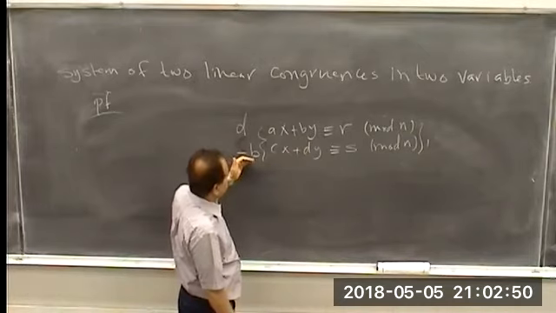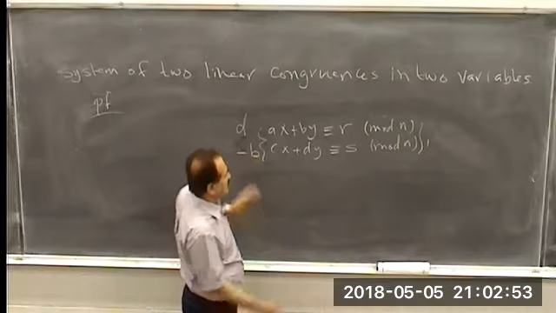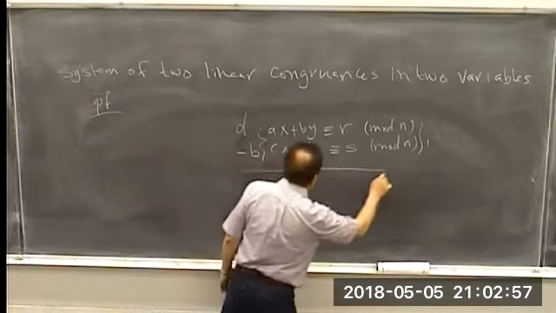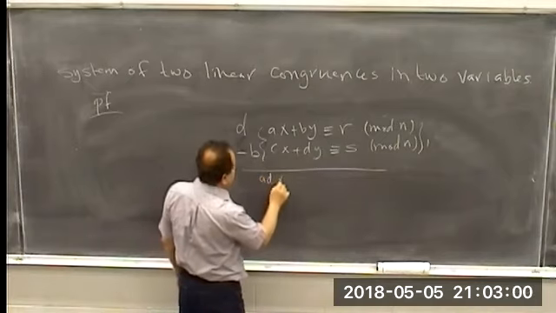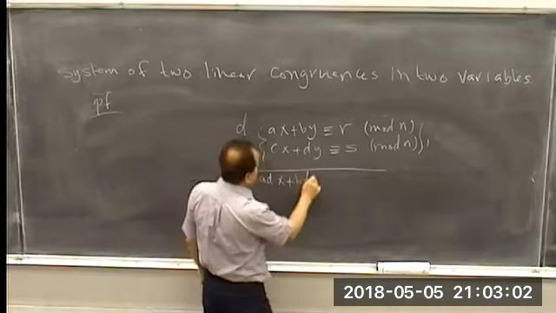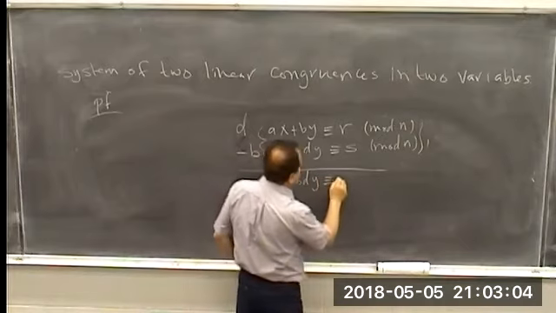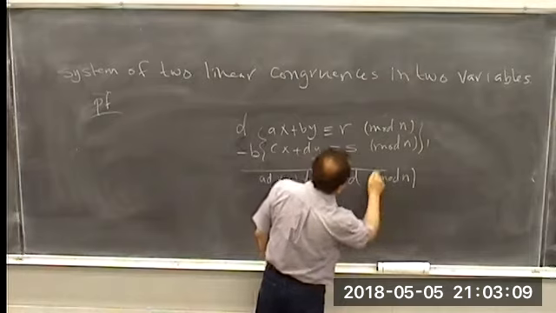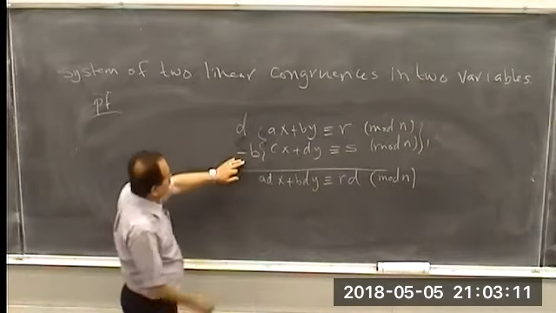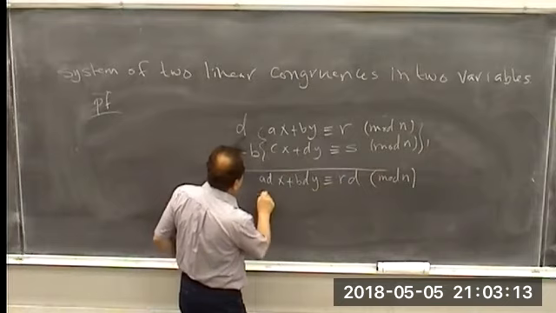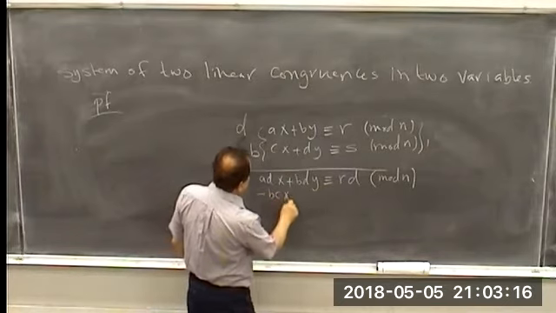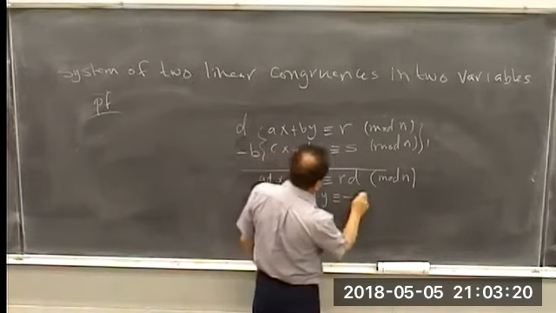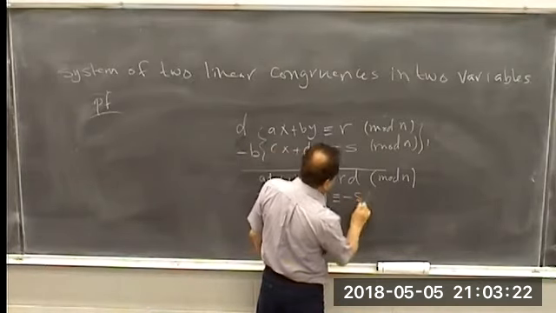The same with negative b congruent to negative b mod n. So the result is a new system: adx plus bdy congruent to rd, and we don't need to multiply the modulus by d. And then minus bcx minus bdy congruent to minus sb.